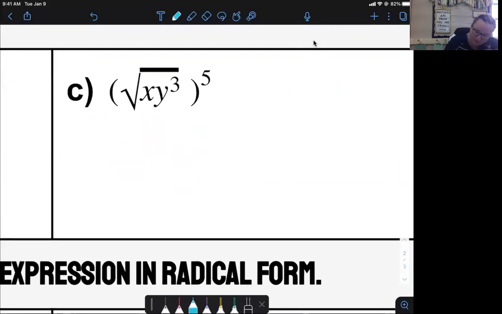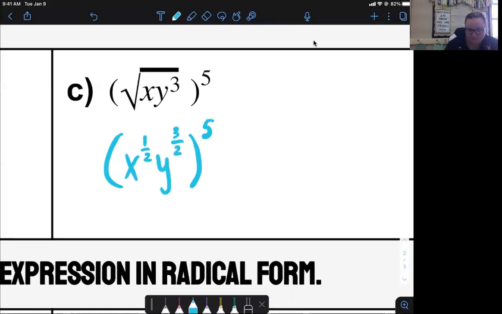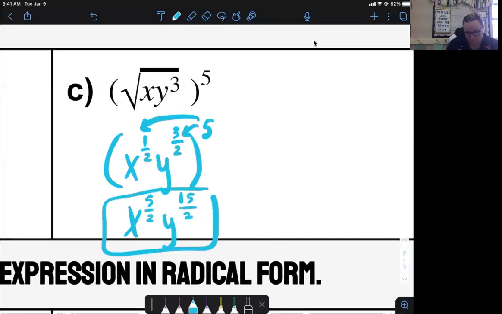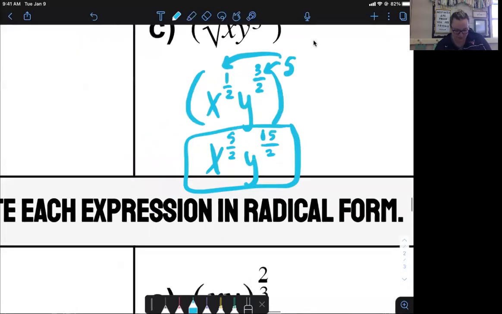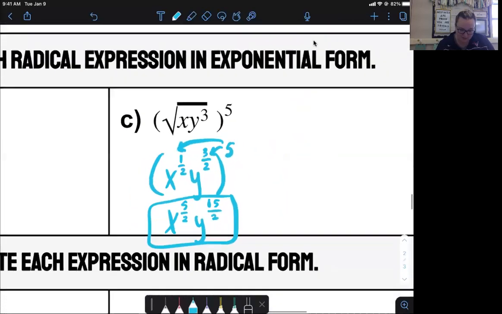I could rewrite what's in the parentheses as x to the 1/2 and y to the 3/2. Then I take all of that to the 5th. So we multiply 5 times 1/2 and 5 times 3/2, and we would get x to the 5/2, y to the 15 halves. There we go.